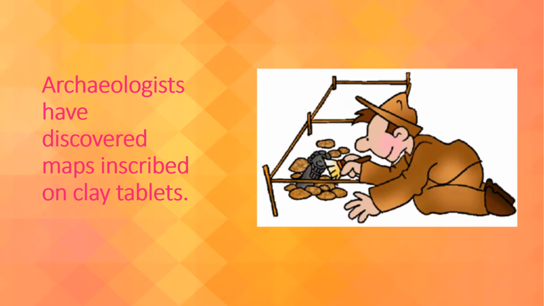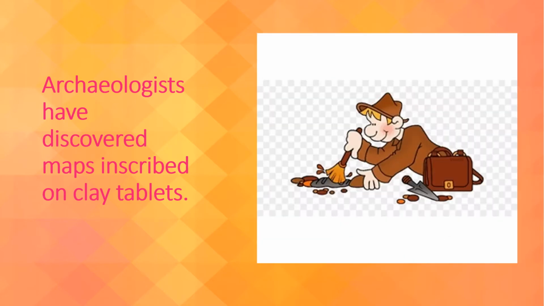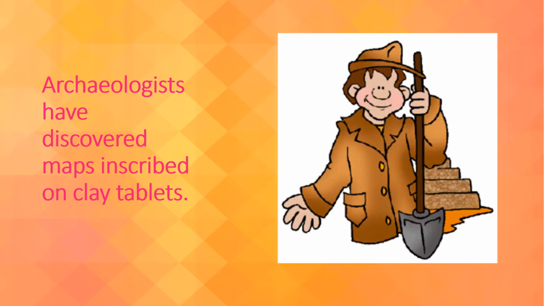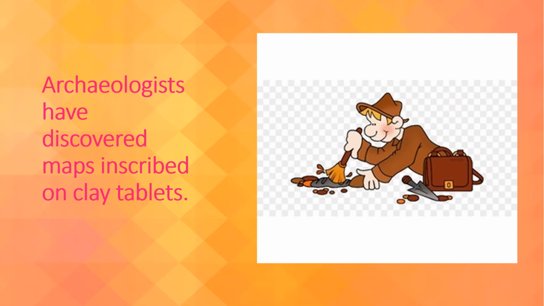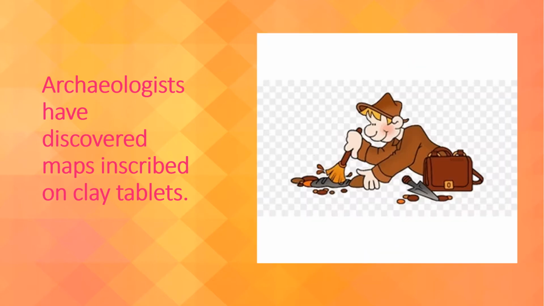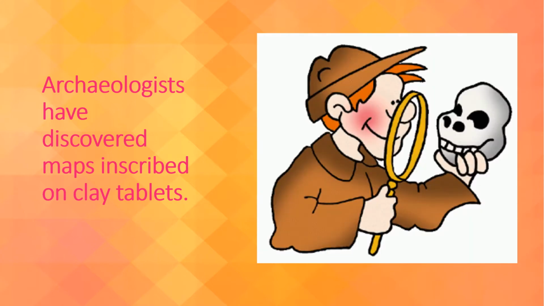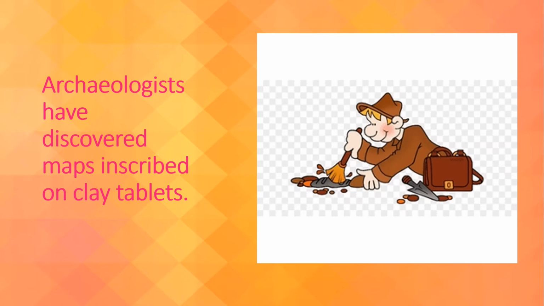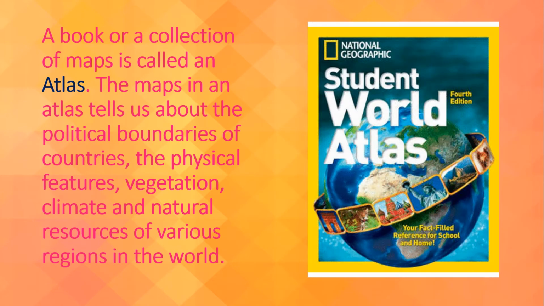An archaeologist is a scientist who studies human history by digging up human remains and objects. These archaeologists study the origin, development, and behavior of human beings and their societies, both from the past till the present.